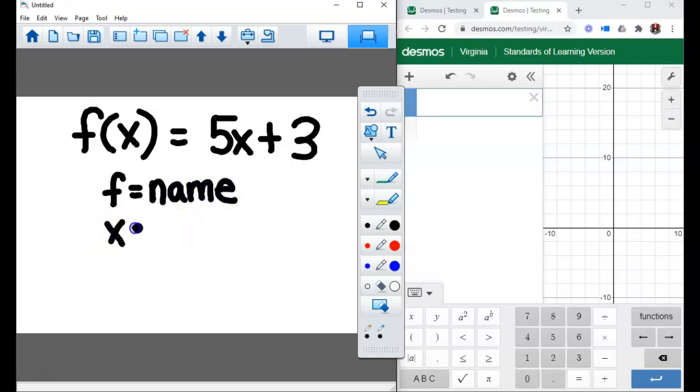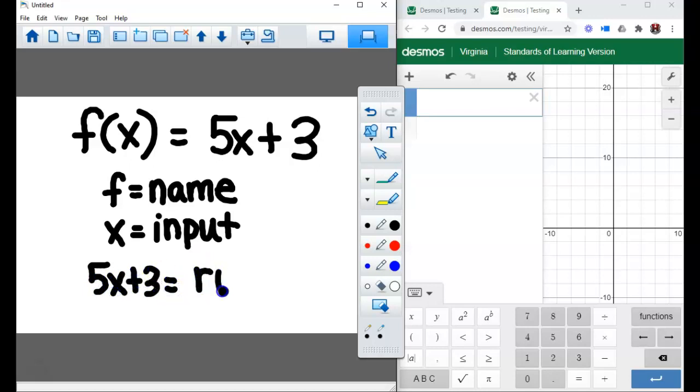The x inside the parentheses is your input. And then the 5x plus 3 that we're seeing is our function rule. So it tells us how to get the output. It says to do 5 times whatever x is and add 3. So that is the rule.